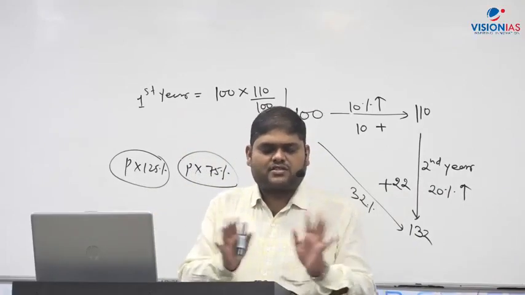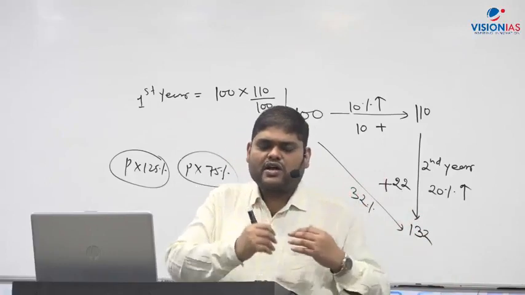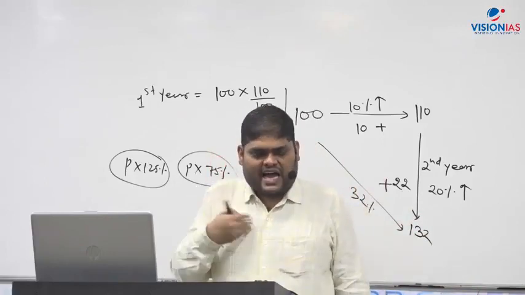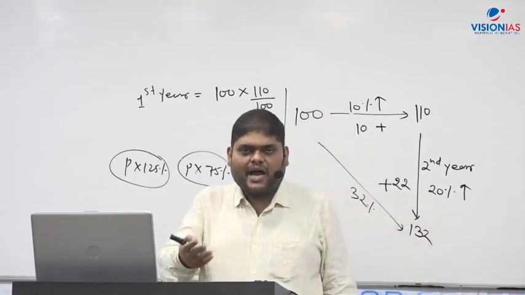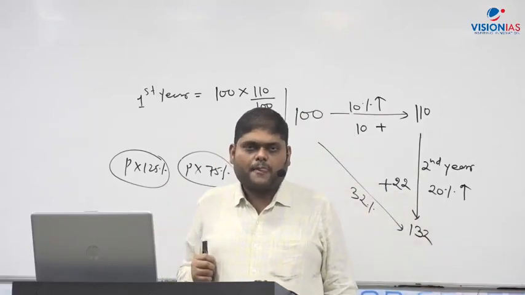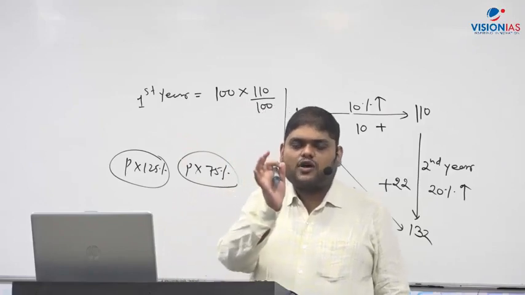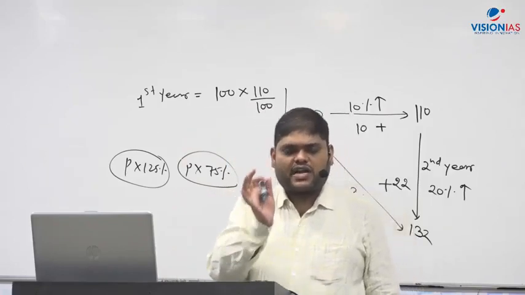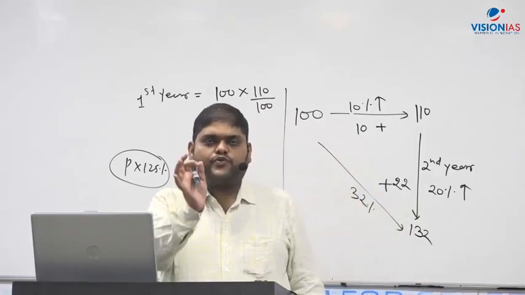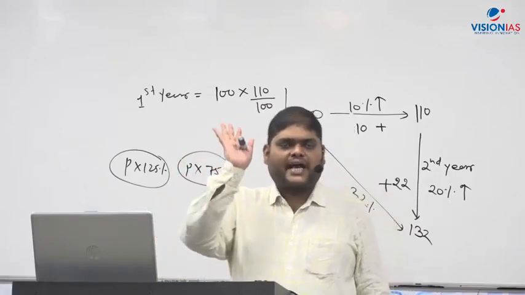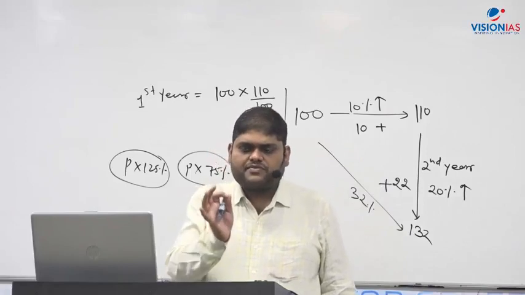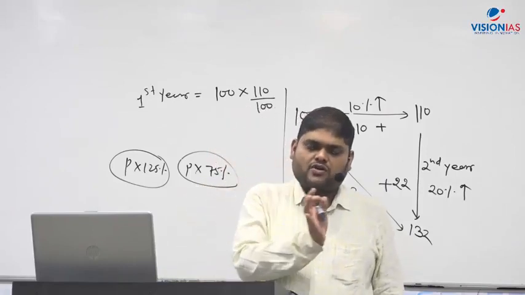My aim is not that out of 30 questions, you are able to solve all 30 problems. Even I am not able to solve all 30 problems in the examination if I start giving a CSAT paper. My aim is, out of 30, at least you are able to solve 15 to 20 questions from mathematics.